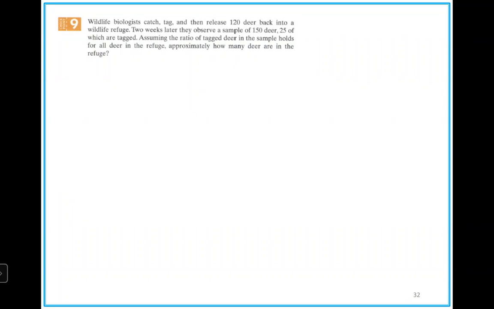Okay, so let me see now. Who do I have next? Okay, Miss Nairn? What did you do? Okay, so you did 120 over X equal to 25 over 150.